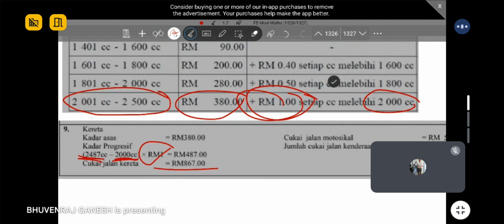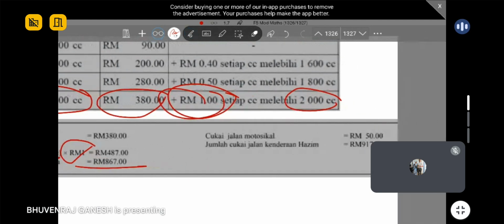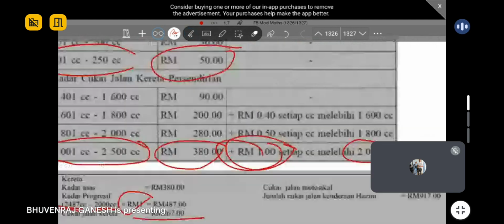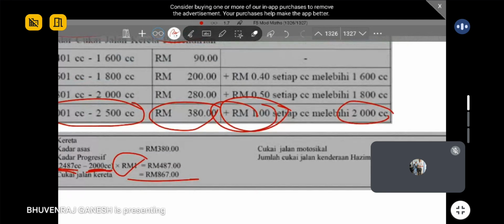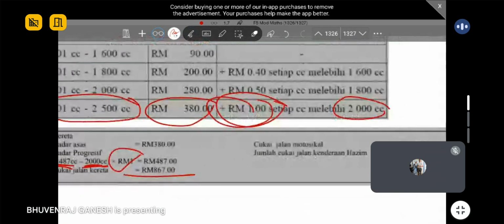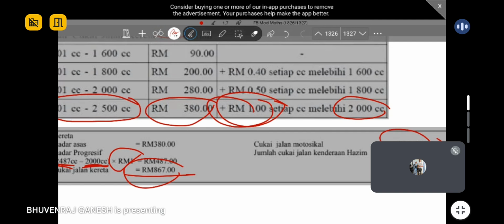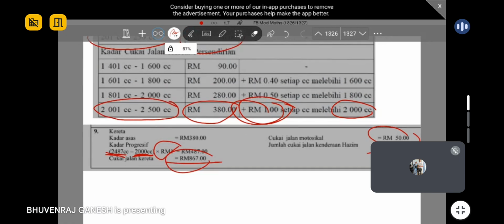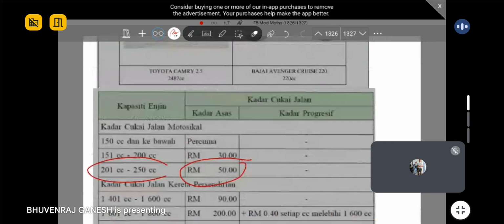Then you will get the car. And then for motorcycle, you directly take 50 because there is no progressive rate. Tiada kadar progressive. Then you add up both answers. Tambah yang ni dengan yang ni. So you will get the final answer, 917. Everyone here, are you all clear? Boys team and girls team?